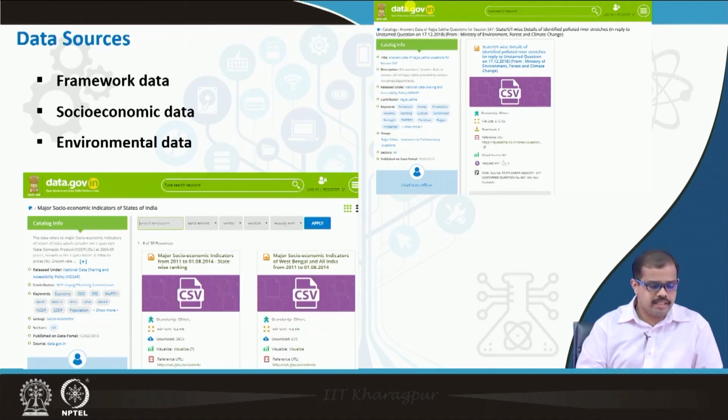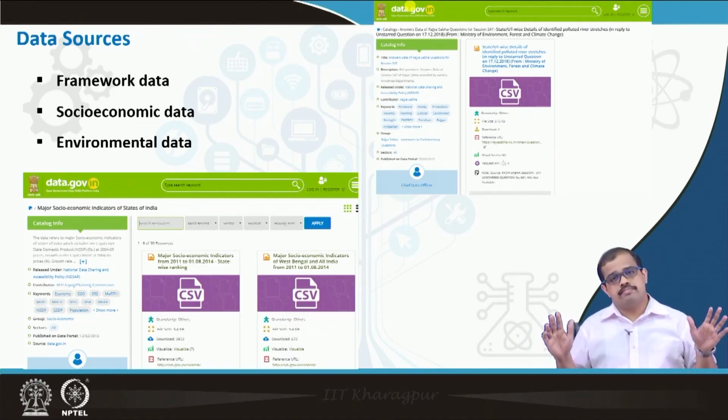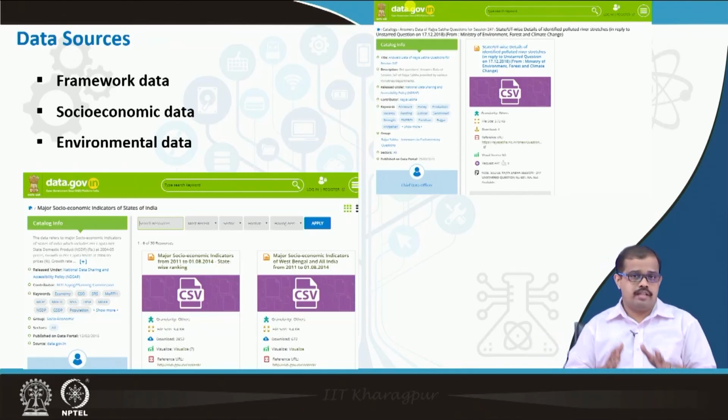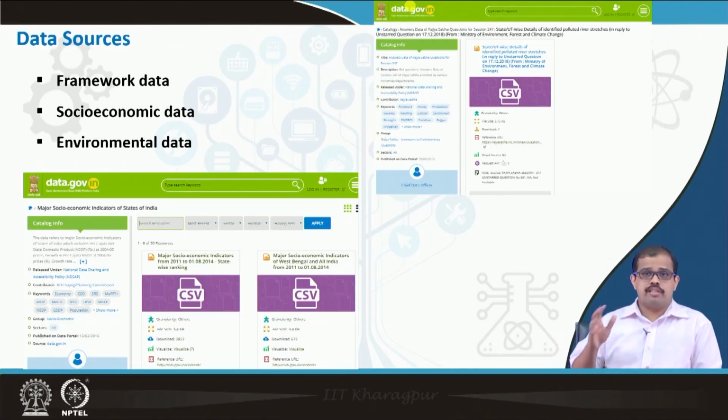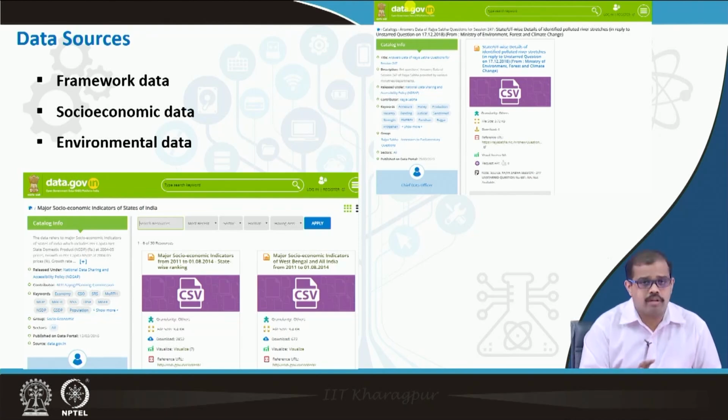So, look at this data.gov.in. There is a huge data set. We also have national data registry, where you can really find out about this data, and also most importantly is whatever data that has been put here as secondary data has metadata.